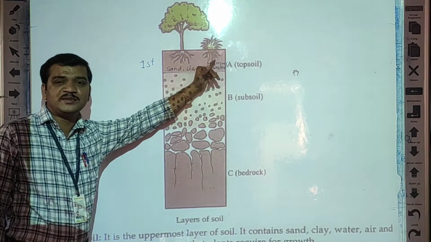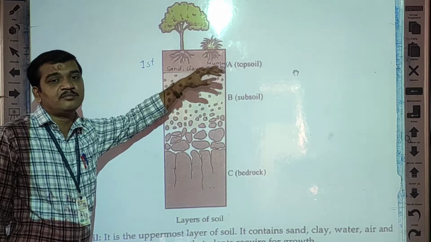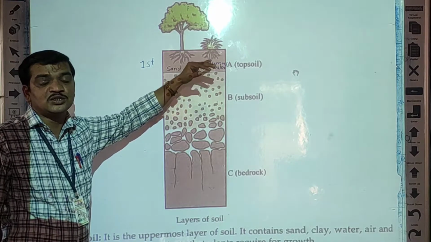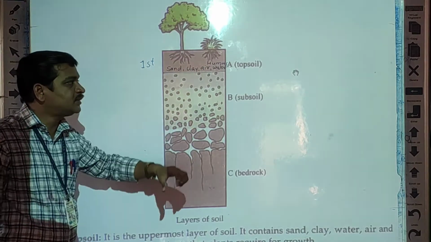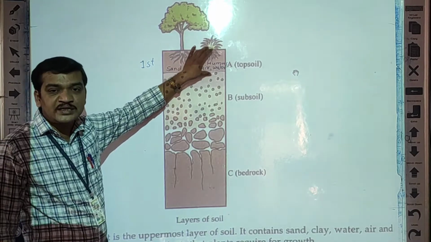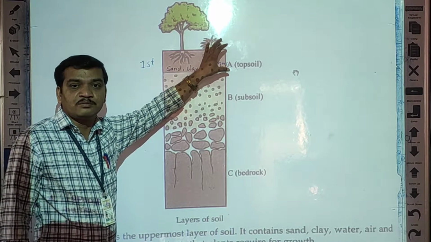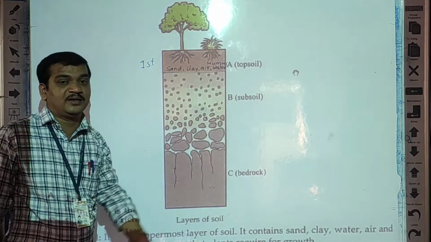Okay. Now, what is humus? Humus means the decomposed organic material, which is also called nutrients. This topsoil contains nutrients for the plant, which is very good for the growth of plants.